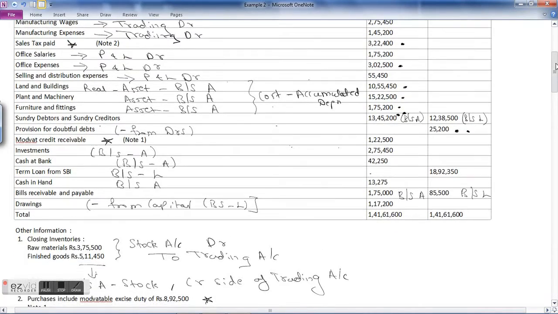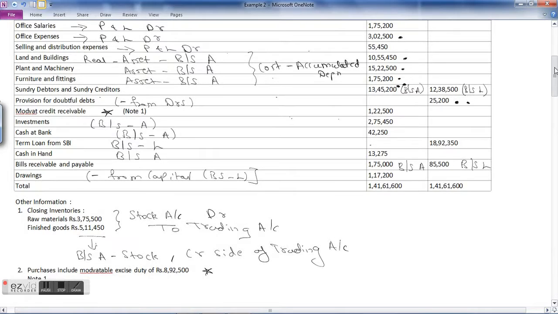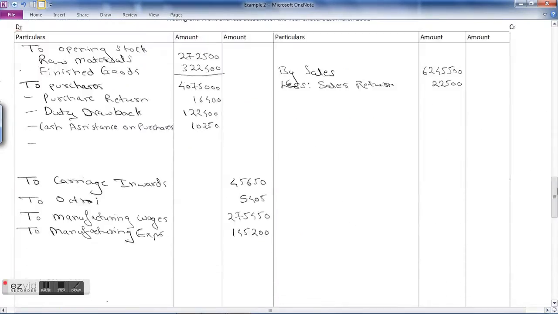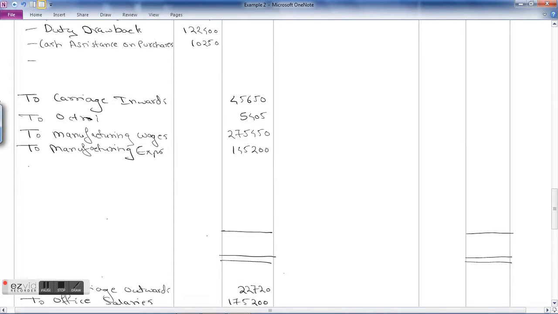Then the next is office expenses 302,500, and there is one marking on the office expense, so there is some adjustment related to that. So to office expense 302,500, we'll put it in the inner column in profit and loss account debit side.